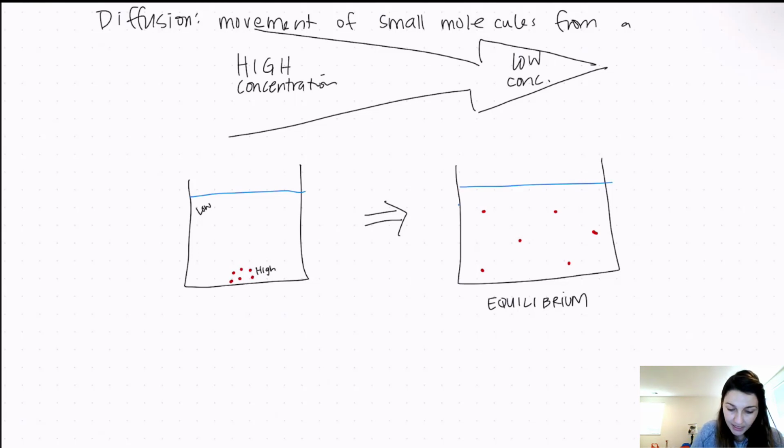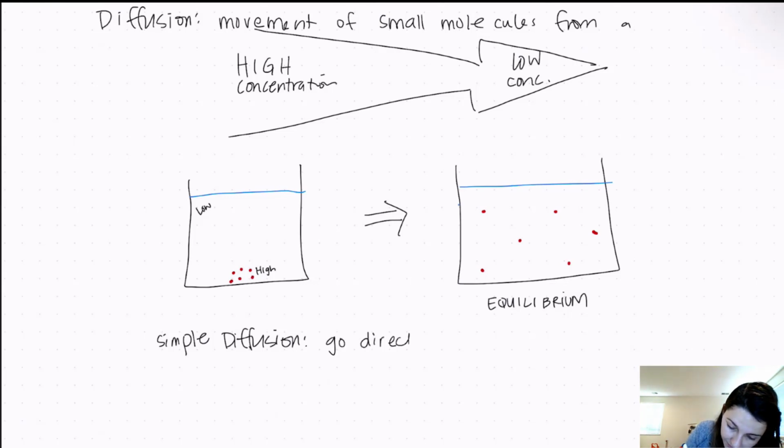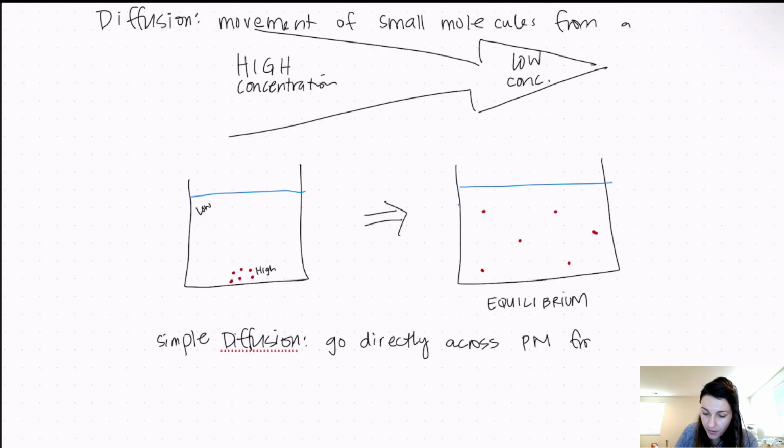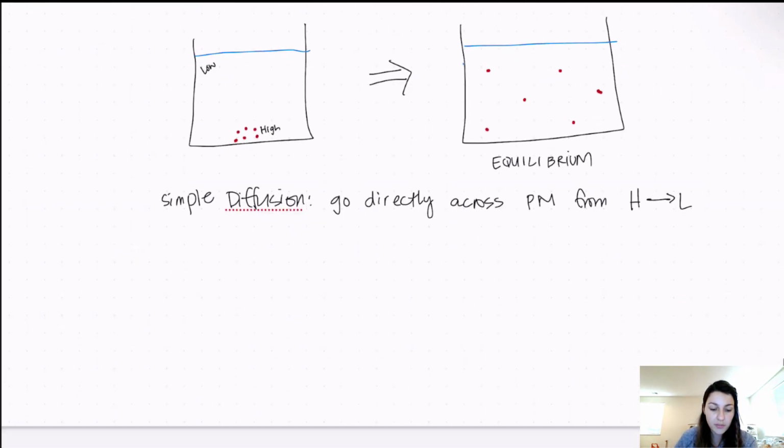Simple diffusion is molecules going directly across the plasma membrane, PM, from a high concentration, which I'll abbreviate to H, to a low concentration. This proceeds until equilibrium is reached. So that's small molecules, simple diffusion.